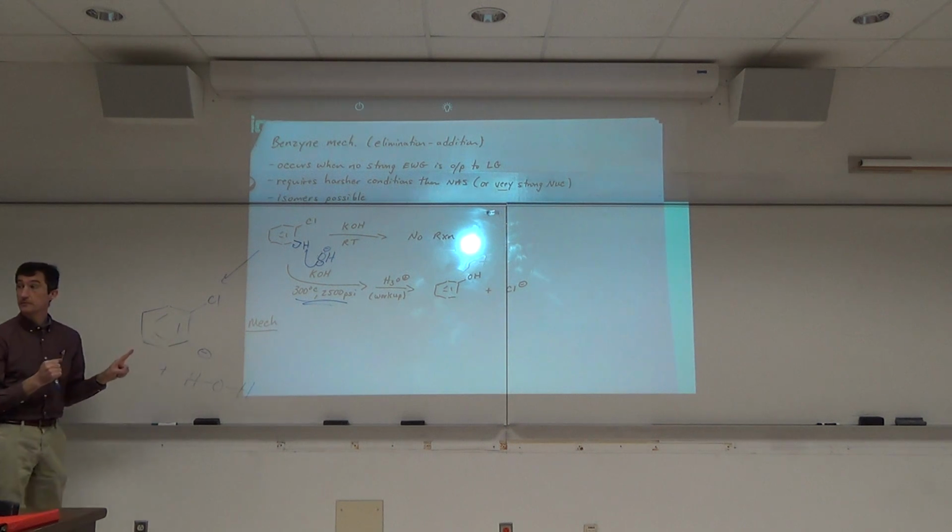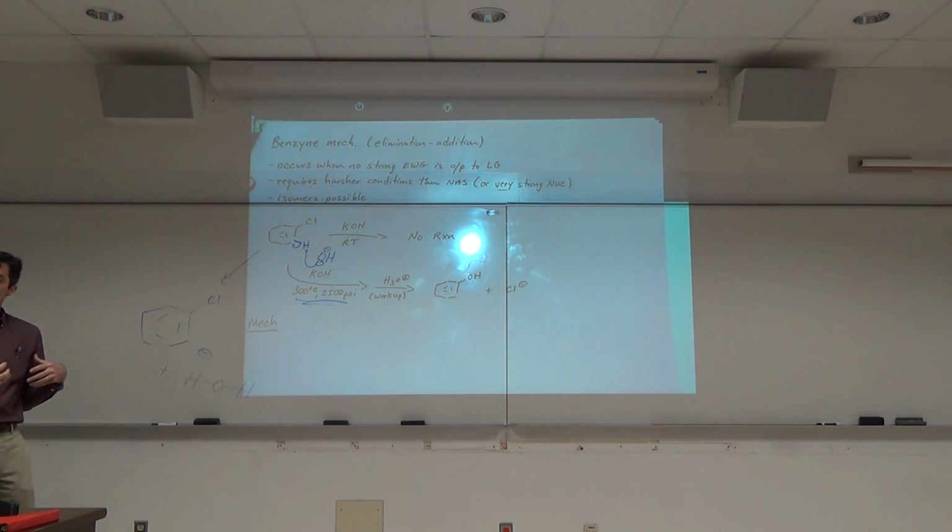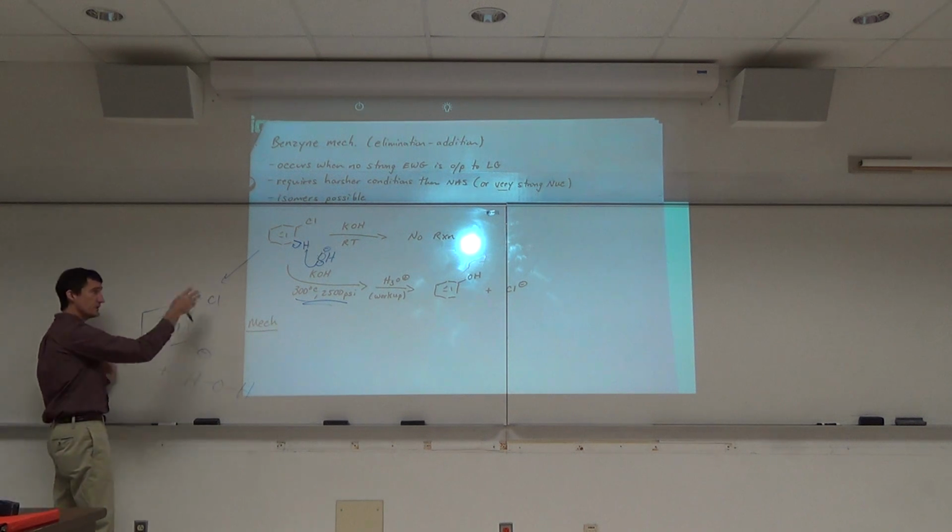Carbon's sp2, so at least it's got more S character than sp3. And the more S character, the more acidic. Look back at your acid-base handout from week 1 of Organic 1, where we talked about the hybridization effect. It's still tough.